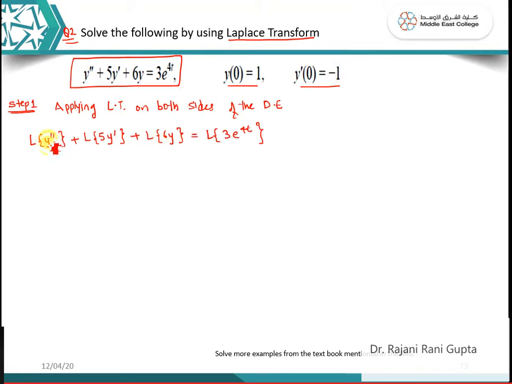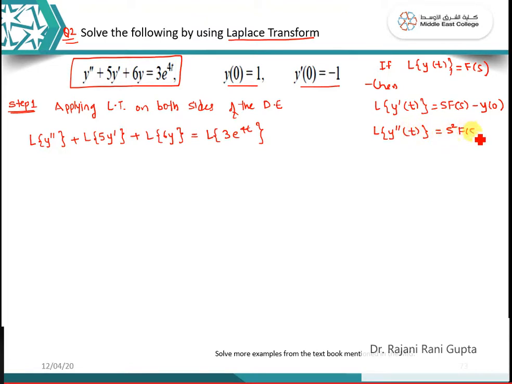So as you can see here, we have to use Laplace of y double dash. We are going to use the rules that if we denote the Laplace transform of y of t as F of s, then Laplace transform of y dash of t is sF of s minus y of 0, and Laplace of y double dash of t is s square F of s minus s y of 0 minus y dash of 0.